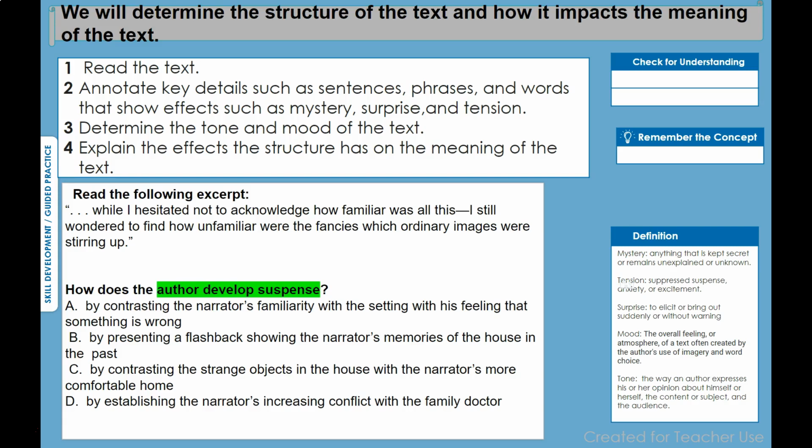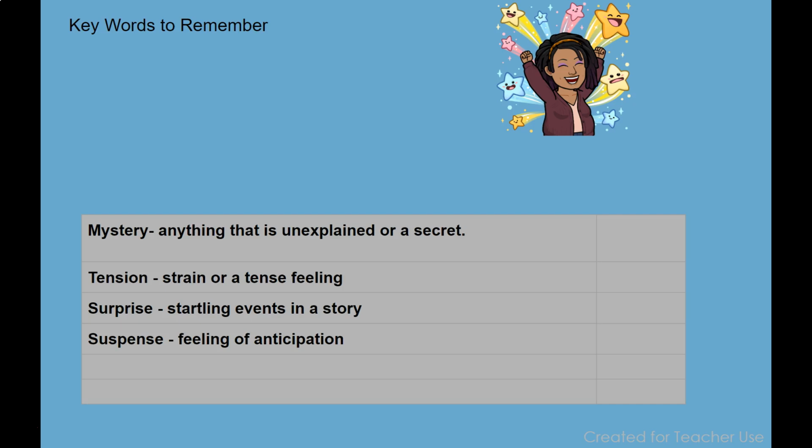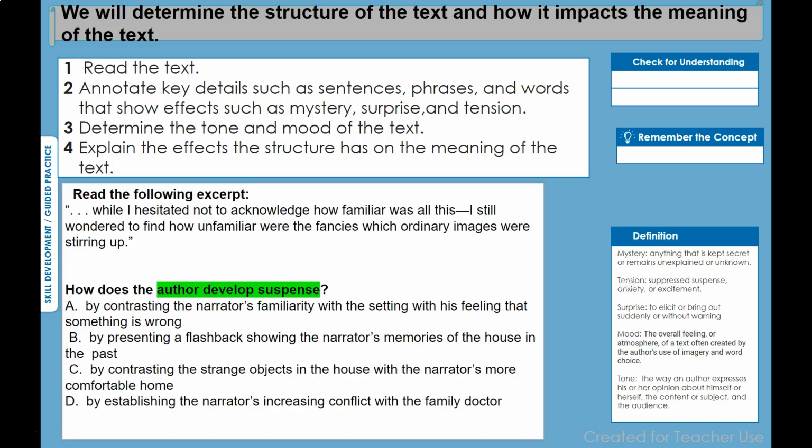Now, going back to what we said: mystery is anything that is unexplained, right? Surprise is a startling event. It's something that you were not aware of. Suspense is this feeling of anticipation, and tension is that strained feeling. So as you're reading, you're going to ask yourself, wait a minute, is there a secret here?